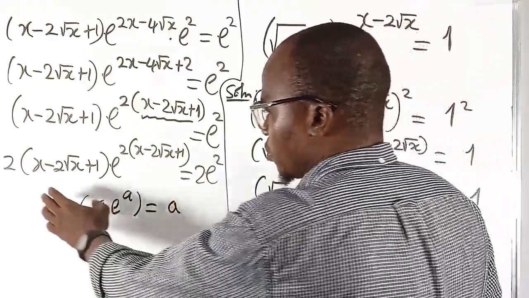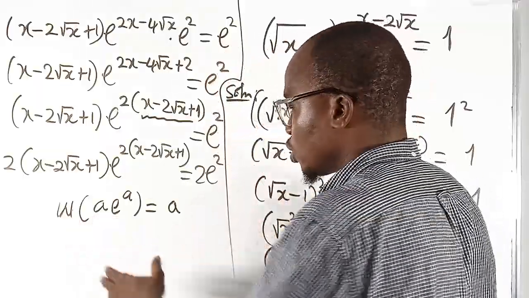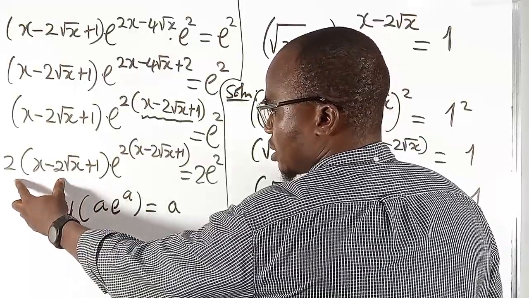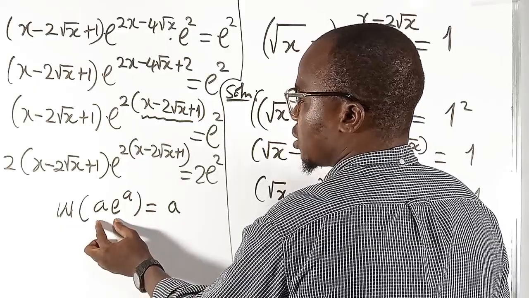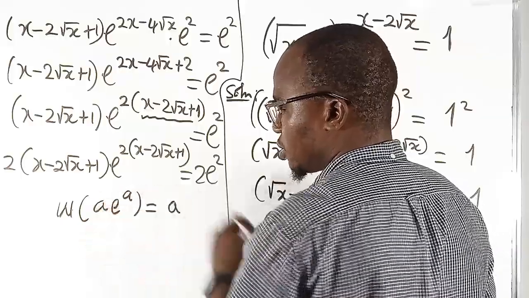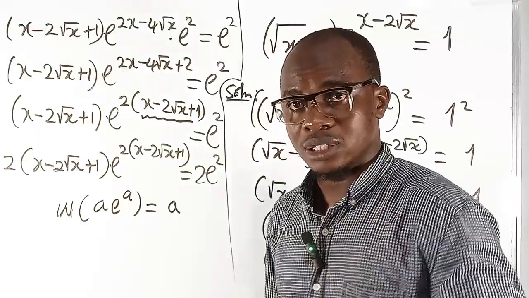So if we now apply this Lambert W function, when you have something like this, which is the same thing as this and this, our result is still going to be that number a. Understand? That is what the Lambert W function states.